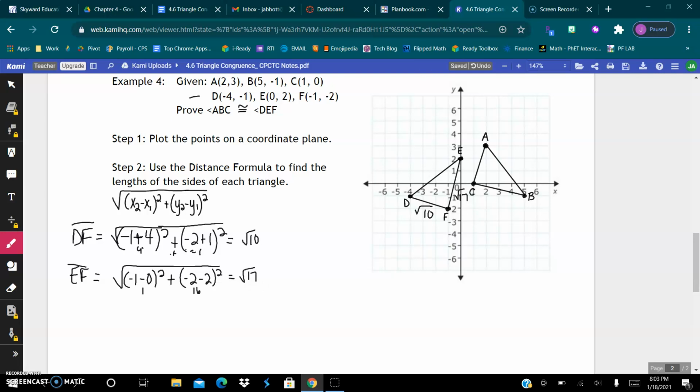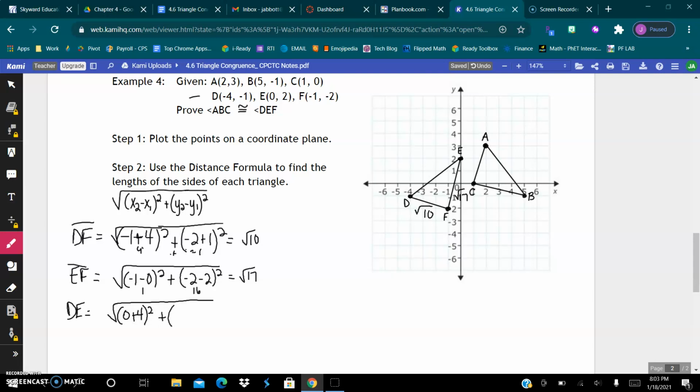And then last on that triangle is ED or DE. And D is listed first up there, so that would be my point number 1. So x out of the second is 0 minus the first, -4, so that's going to be plus 4.